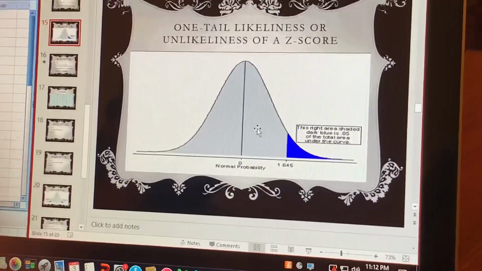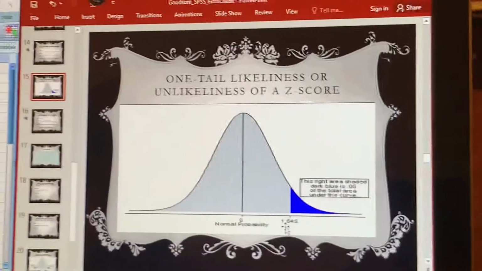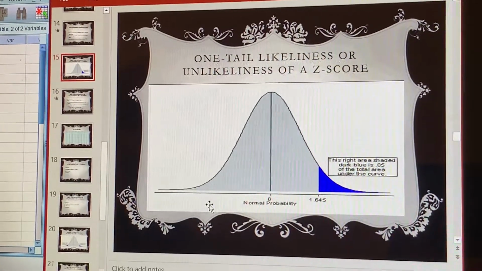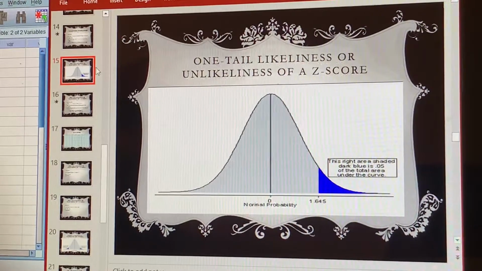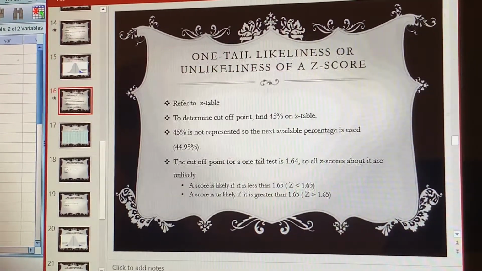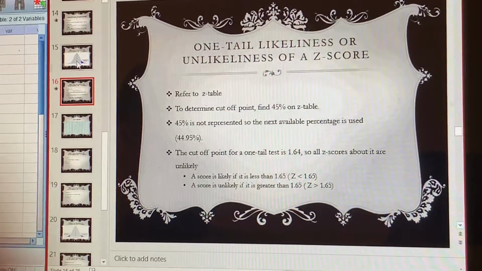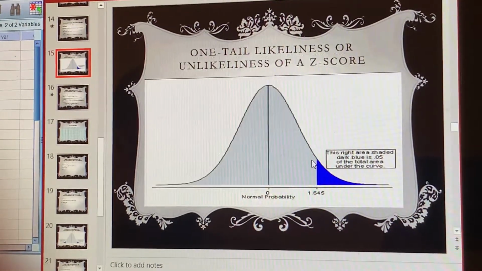Okay, if you look at this number here, 1.645, the way it was calculated was that was a 45% mark right here.